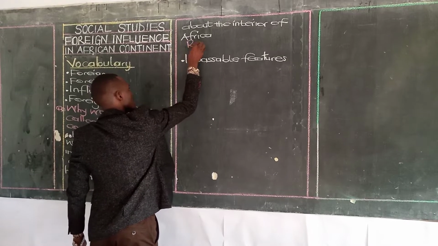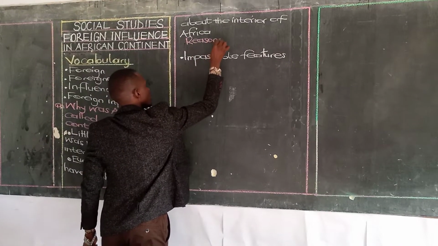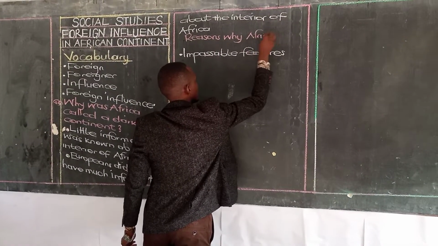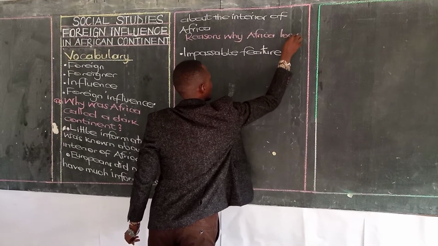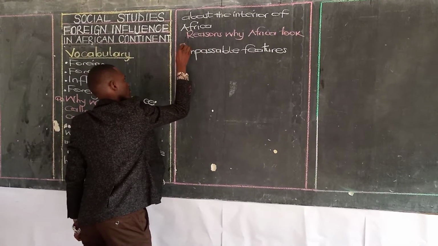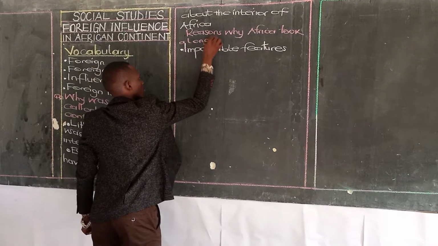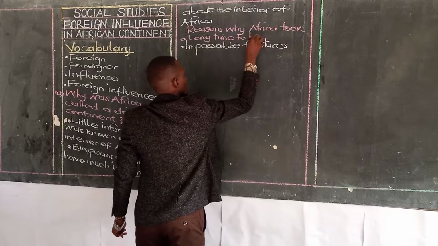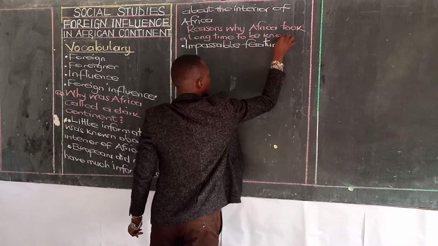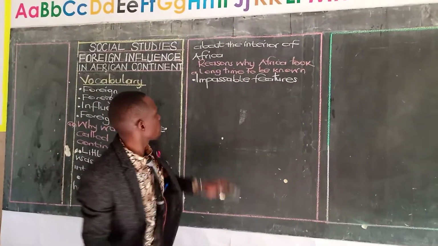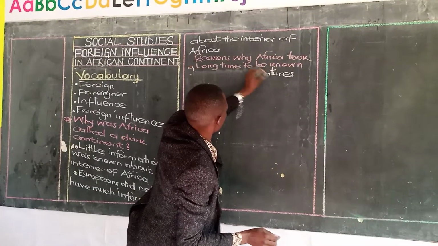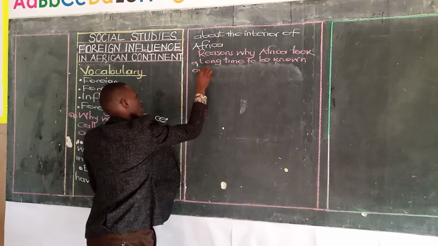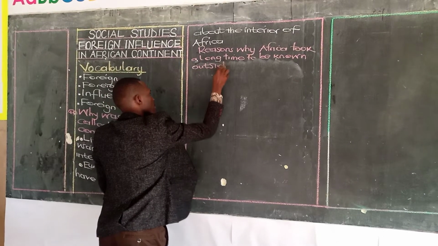So our subheading is: reasons why Africa took a long time to be known outside the world. Let's rub off this to create space for our heading.